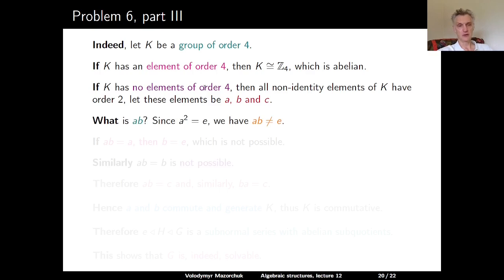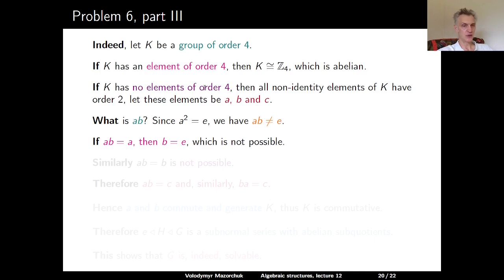What can we say about the product of a and b? Since a squared is equal to the identity, ab cannot be equal to the identity, so b cannot be equal to a, because the inverse is unique. Similarly, if ab is equal to a, we multiply with a inverse. This implies b is equal to the identity. Contradiction.